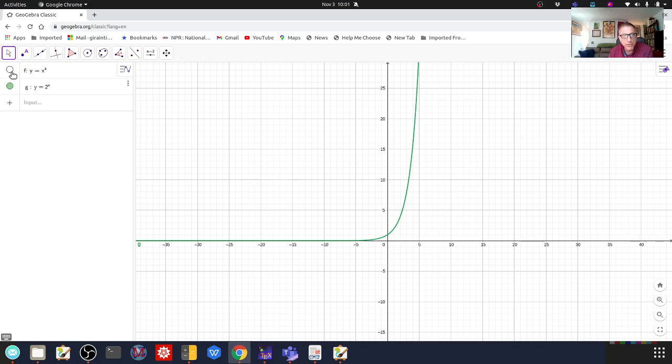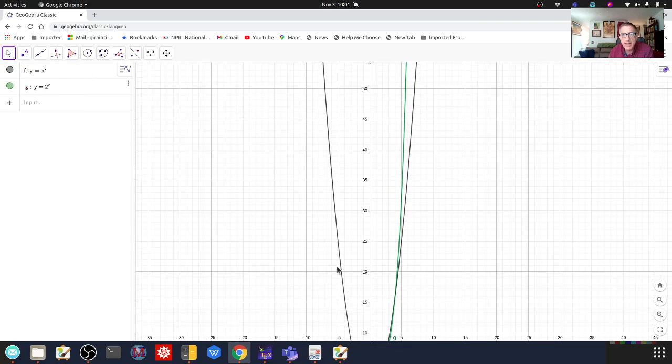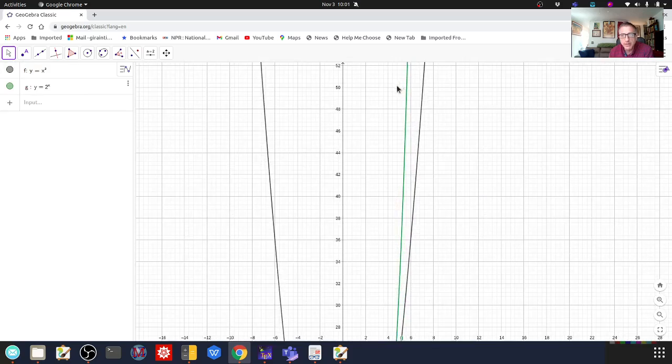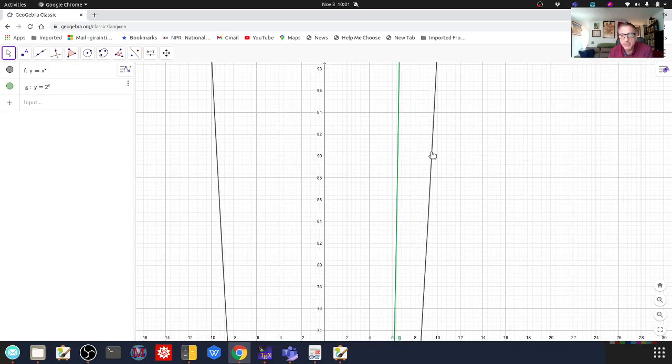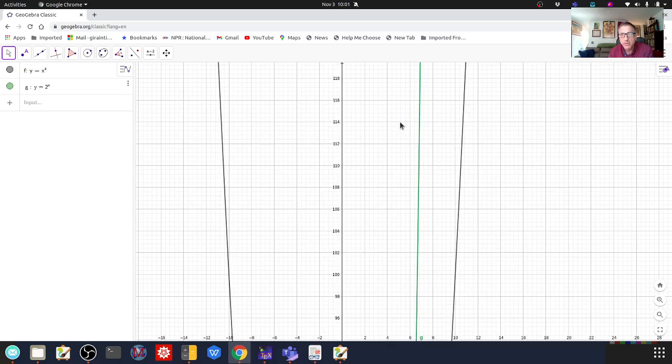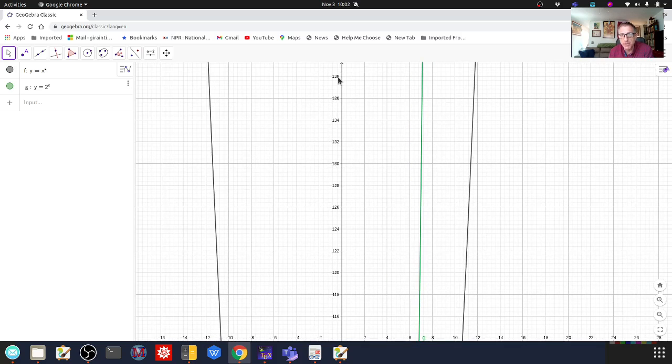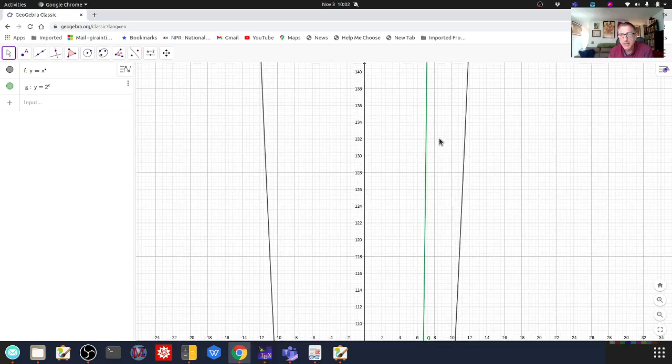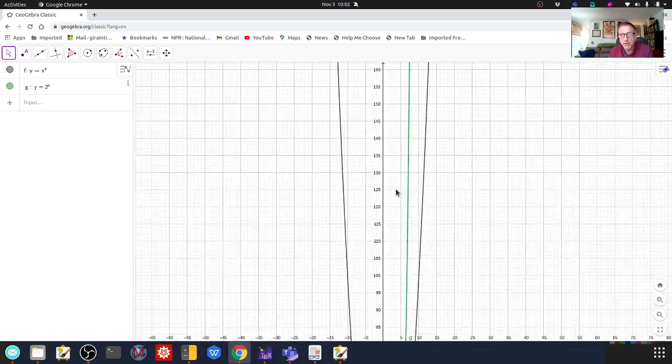The growth of the exponential function quickly exceeds, so I'm talking about the steepness of the green line versus the steepness of the gray line. You'll notice as I go up in value, I'm only up to 138, that they get further and further apart.